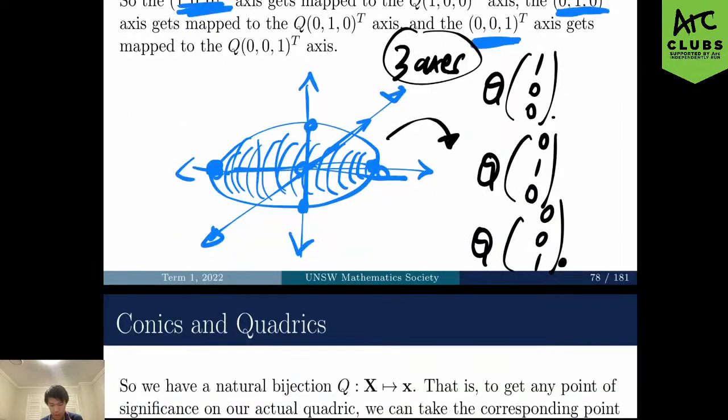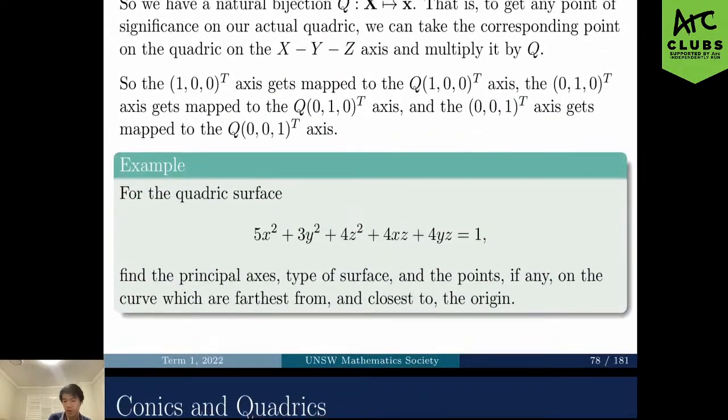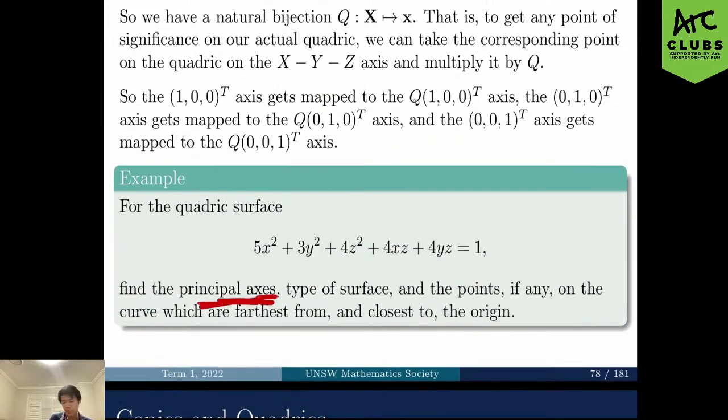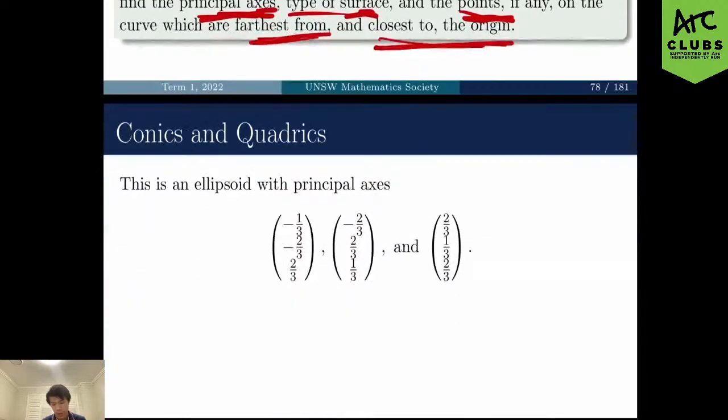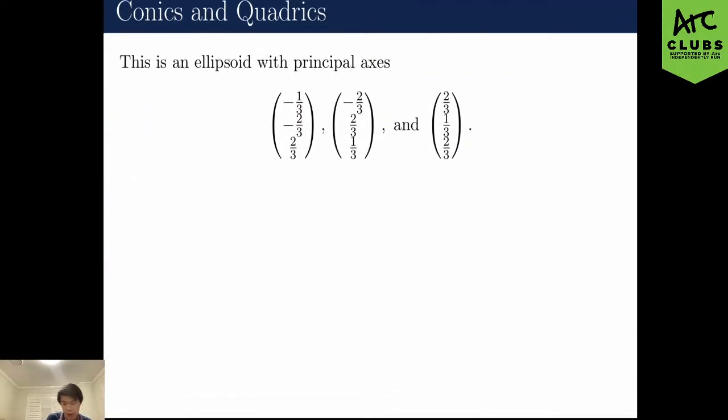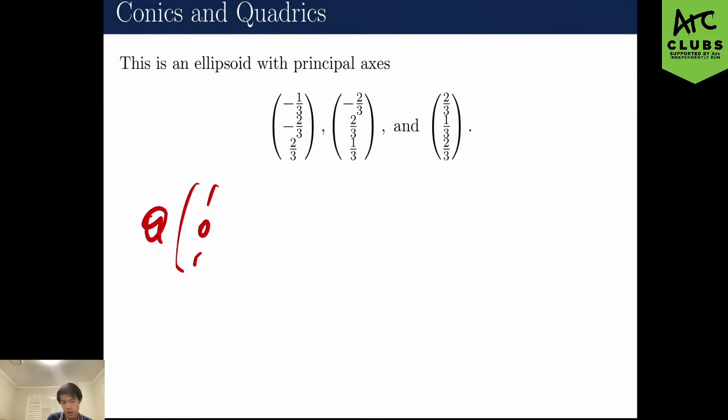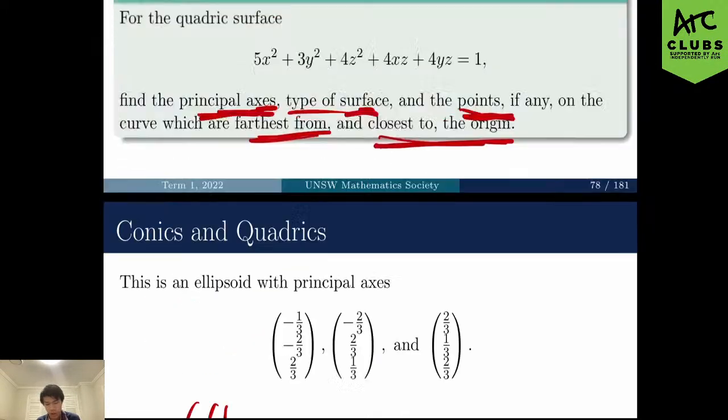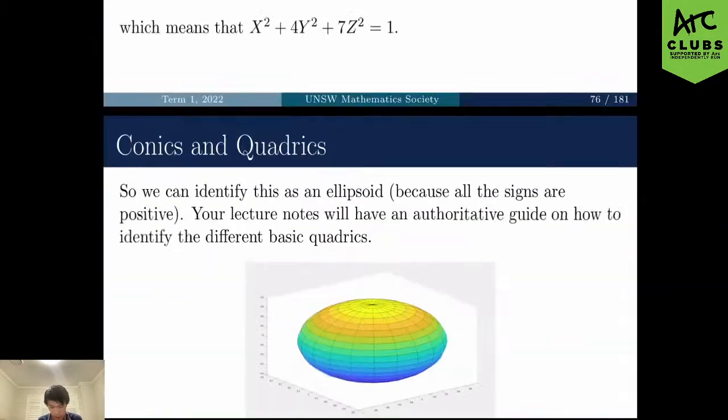Looking at this now, we want to find the principal axes, the type of surface, and the points, if any, on the curve which are farthest from and closest to the origin. We'll look at the principal axes first.